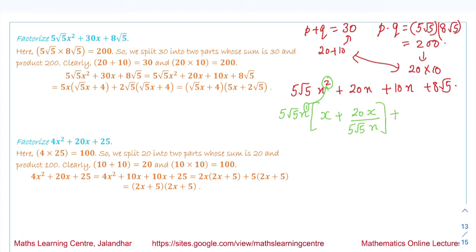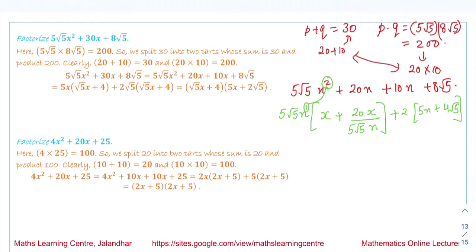Plus, from these two terms what we can take common is only 2. So what we are left with is 5x plus 4 root 5.